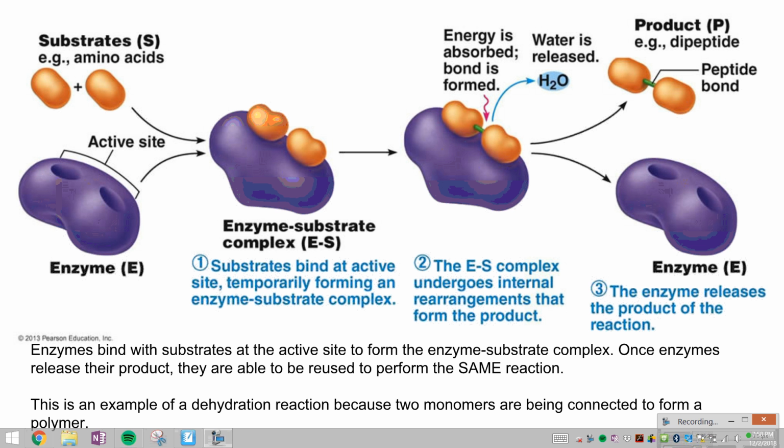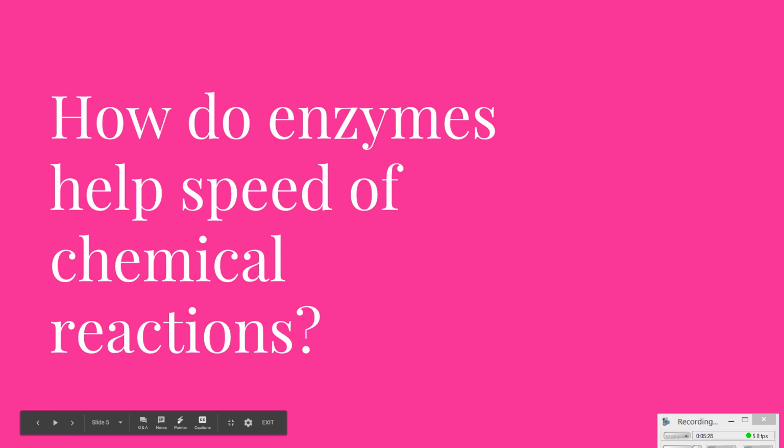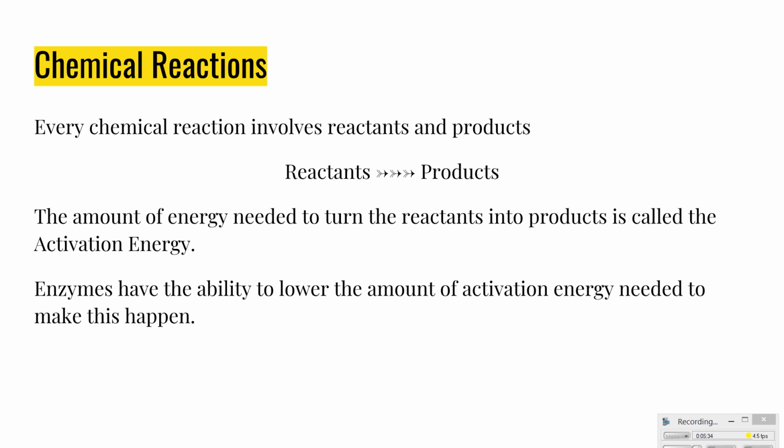All right, moving on here. How do enzymes help speed up reactions? This is going to be essential to why your body uses enzymes. So let's think about chemical reactions all together now. Chemical reactions involve reactants that turn into products.